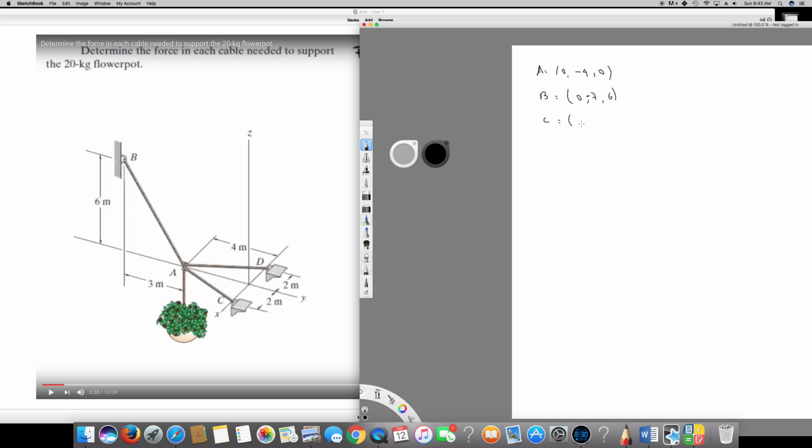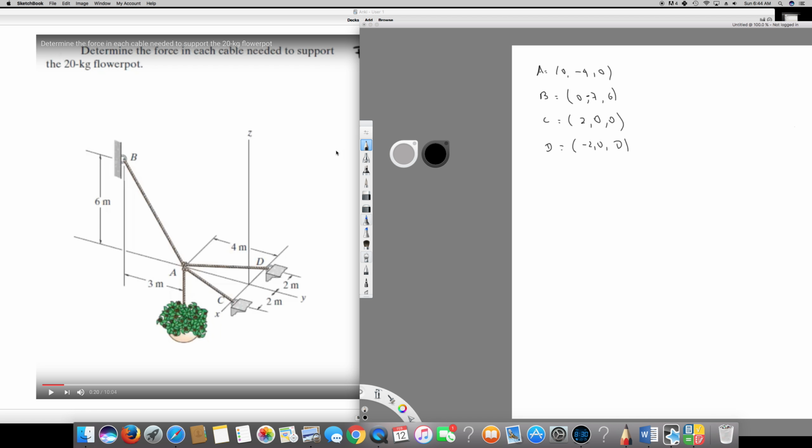For C, x is equal to 2, y is equal to, from here to here, they both are on the y-axis, therefore y is 0, and it doesn't have any height, so it's 0. D, same thing, it doesn't have any height and it is on the y-axis, y is 0, so x is 2 meters, but this is the negative side, so negative 2, 0, 0.